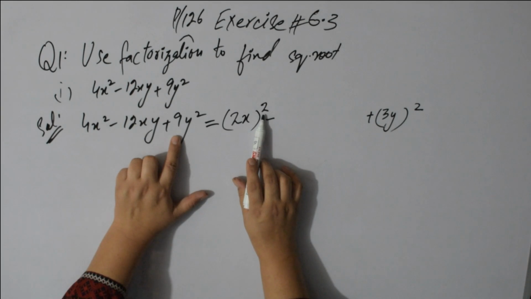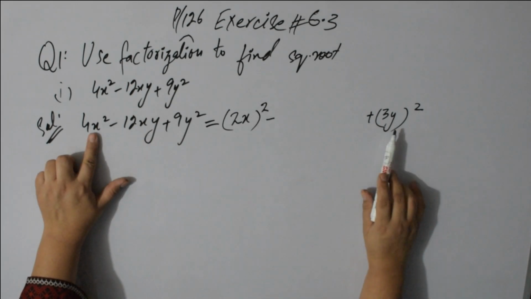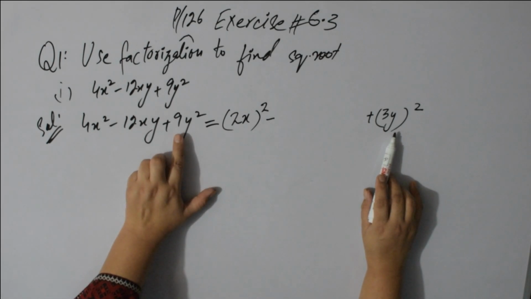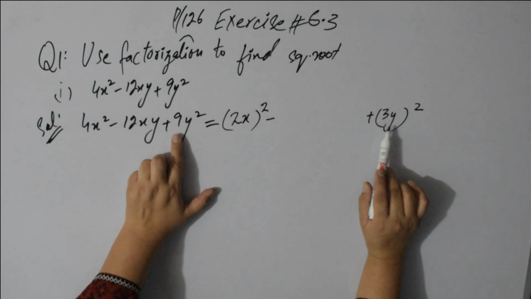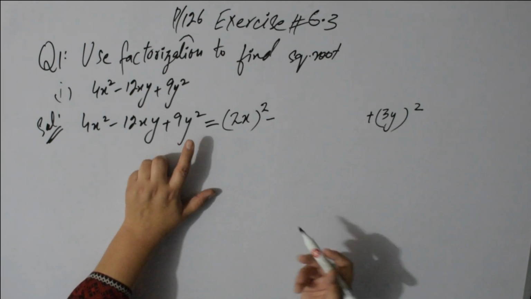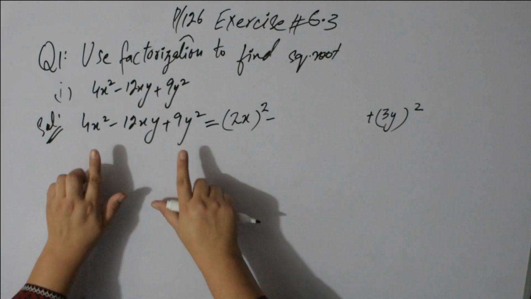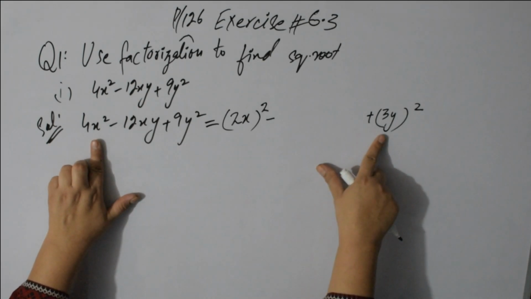If I open this square, you see 2 square 4 and x square is equal to 4x square. Again come to its last term, 3y whole square. When I open it, 3 3s are 9 and y square. So yes, I can write first and last in this standard form.